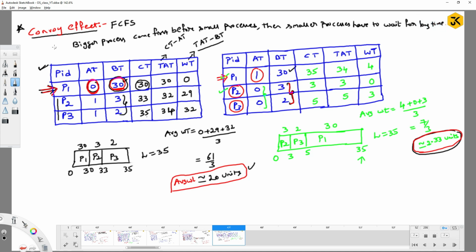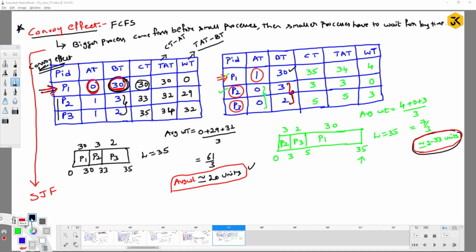This is what we call the convoy effect. That is what this example is clearly showing. The first one clearly has the convoy effect because the bigger process arrived early before the small process. Whereas here, the small process is given the chance. That's the reason to solve this, we are moving to SJF, the shortest job first algorithm.